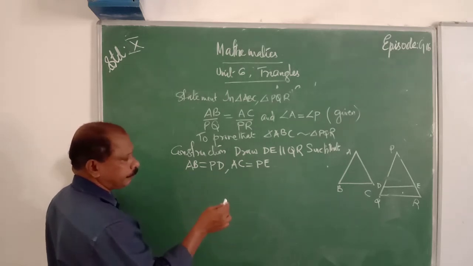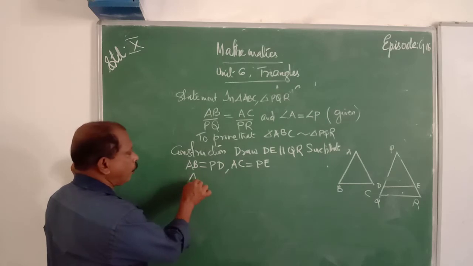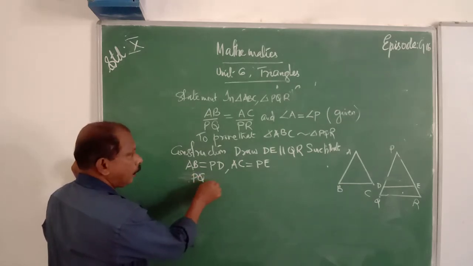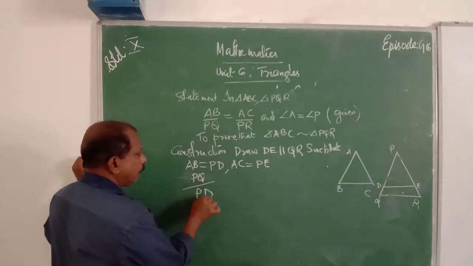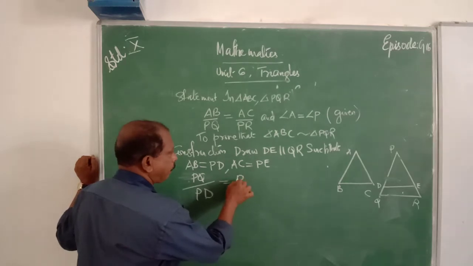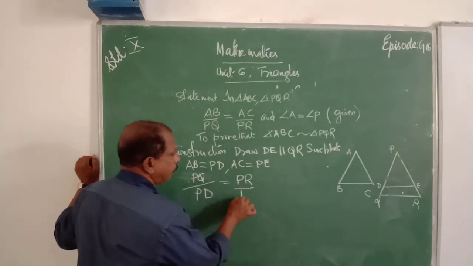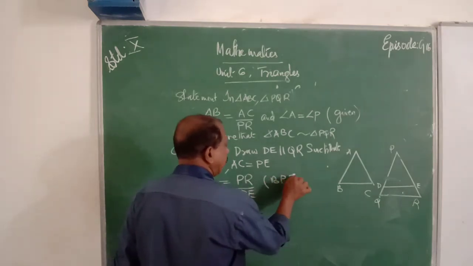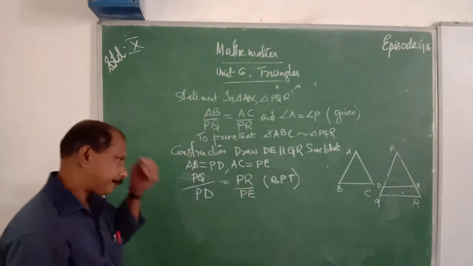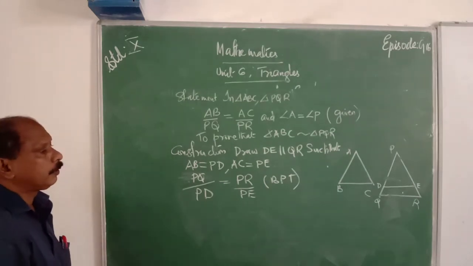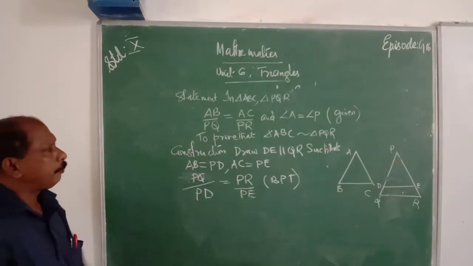Then PQ by PD is equal to PR by PE. That is the basic proportionality theorem. And angle A is given.